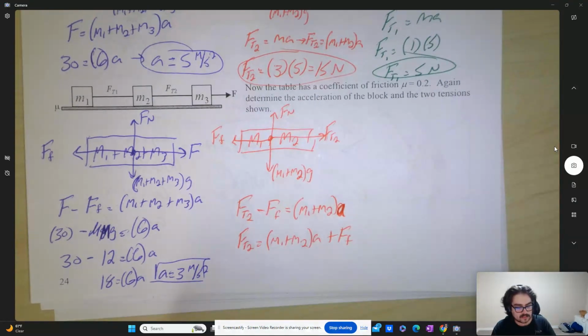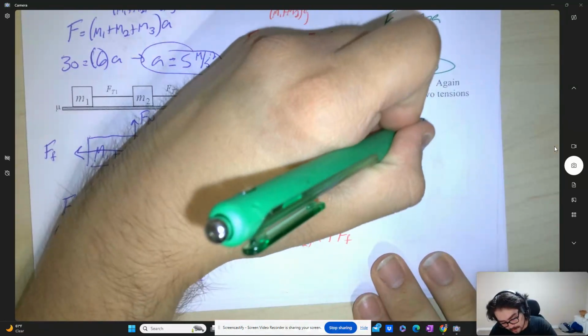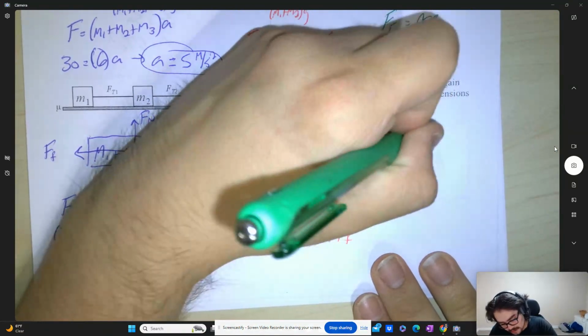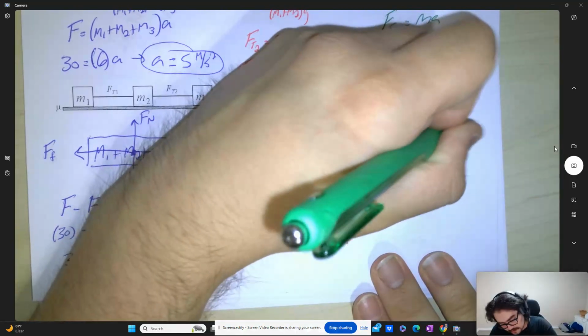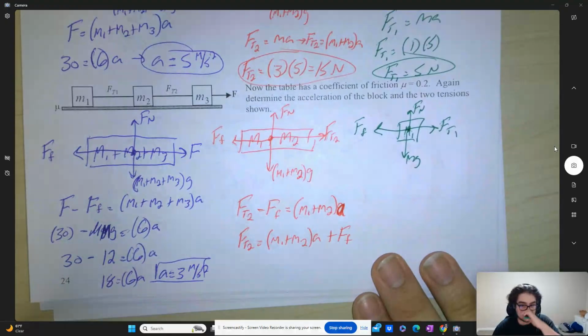And then the final system, just m1, okay? Again, normal force, mg going down, you have the T1, and then you have the force of friction going behind it.